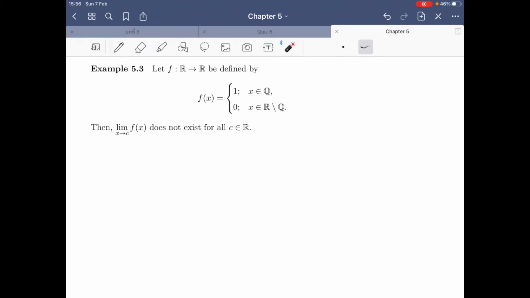For this kind of function, the limit as x goes to any real number does not exist at all.